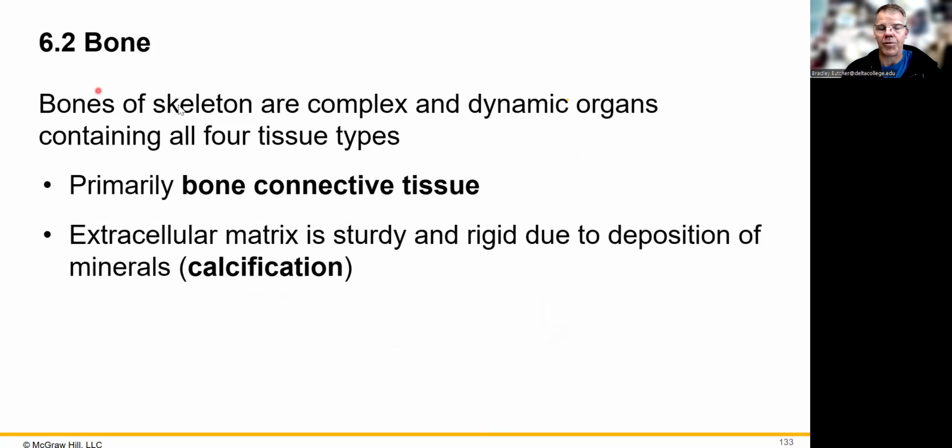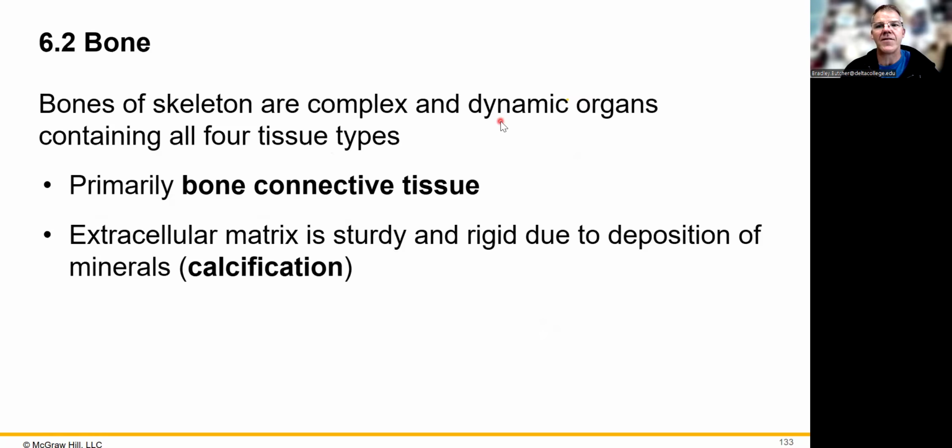Bones of the well, let's transition to bone. I got ahead of myself. Bones of the skeleton are complex and dynamic organs containing all four of our major tissue types: epithelial tissue, connective tissue, muscle tissue, and nervous tissue. When we say dynamic organs, we often think of bone as just a static structure that doesn't really do anything.